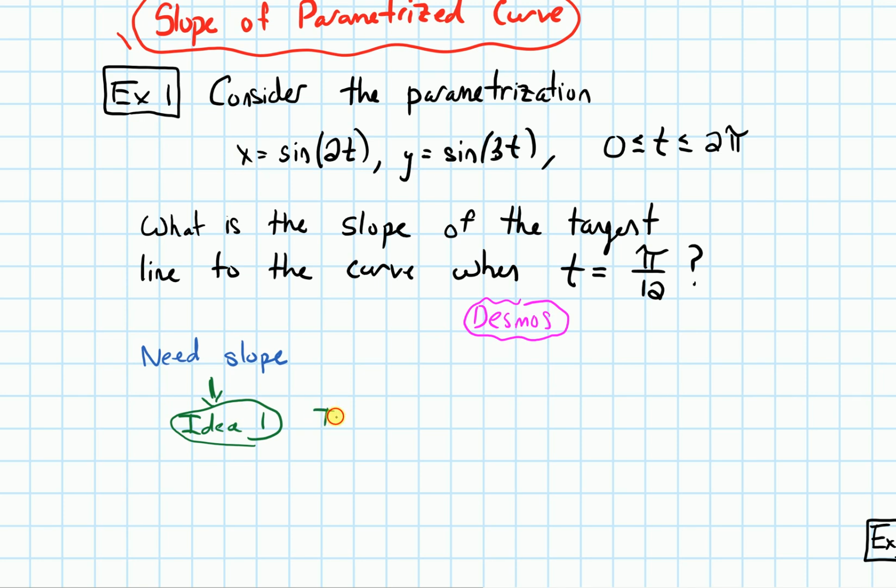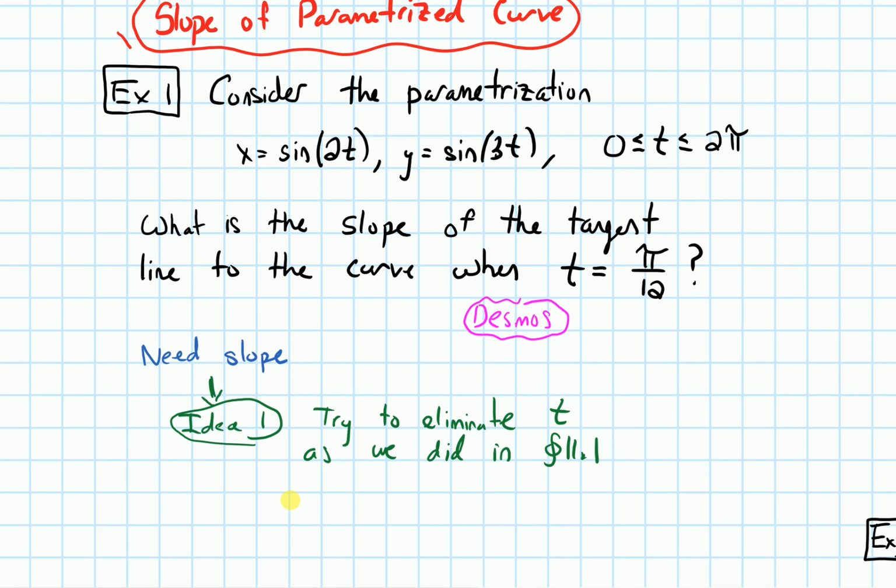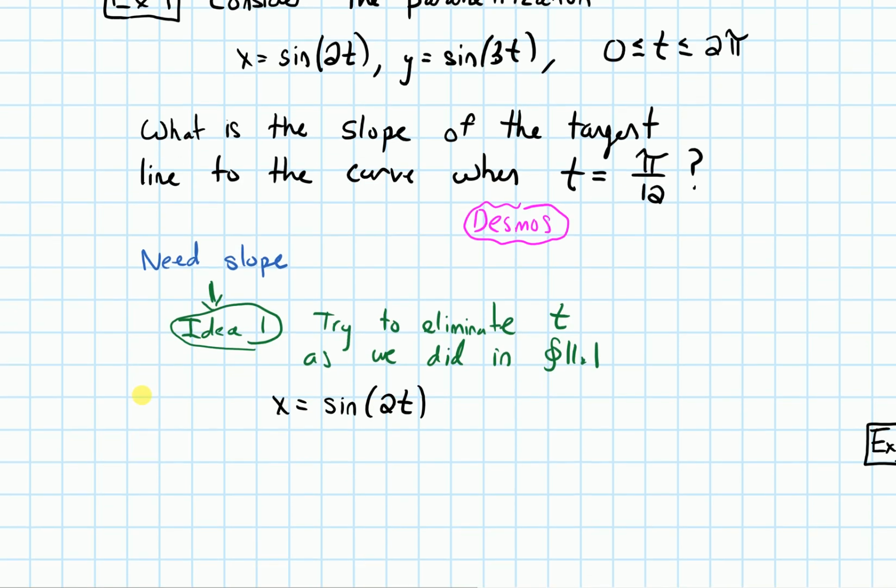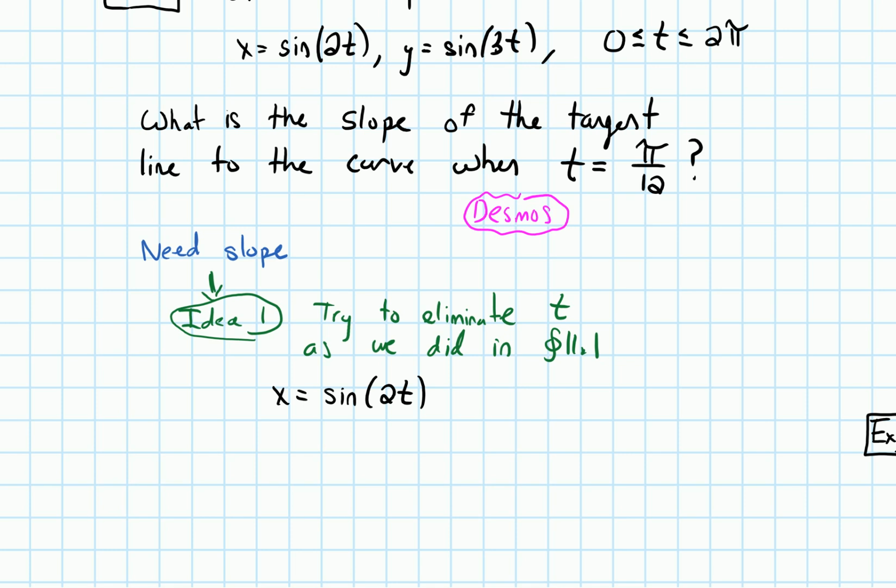One idea was, we could try to eliminate one of the variables, try to eliminate t, as we did in section 11.1. So for example, if I look at the equation x equals sine of 2t, and we try to isolate t and plug it into the equation for y, what's the issue? The issue is we need an arcsine to do this.